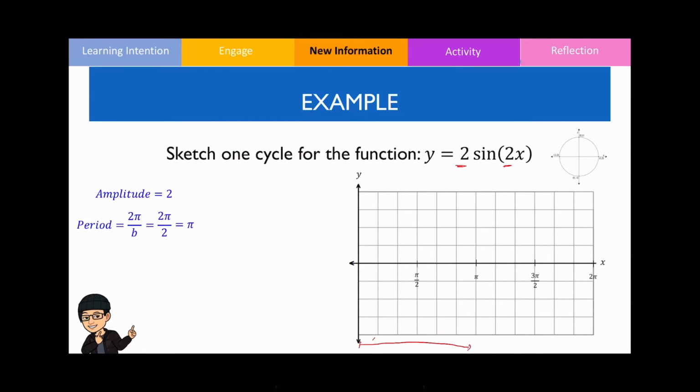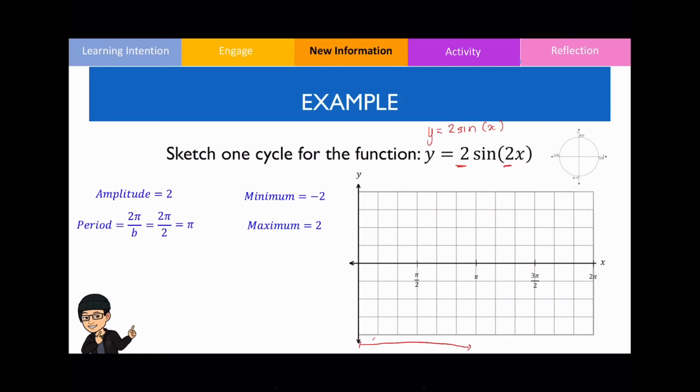So therefore, it's going to be a lot shorter. So we don't really require this whole entire space over here, right? Your minimum value is going to be -2 and your maximum value is going to equal +2, all right? So let's first start off by drawing the regular function. In this case, what I'm going to show you is how I would draw y is equal to 2 sine x, okay?